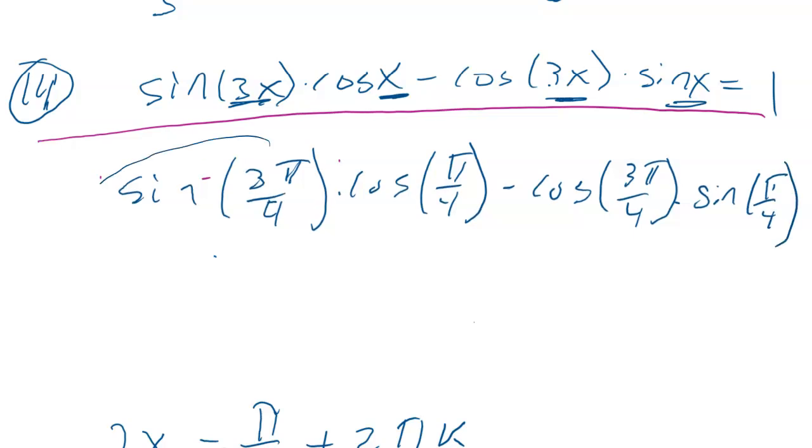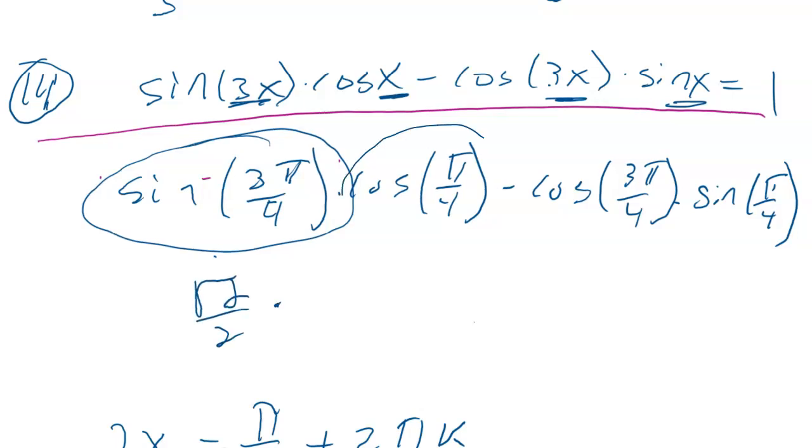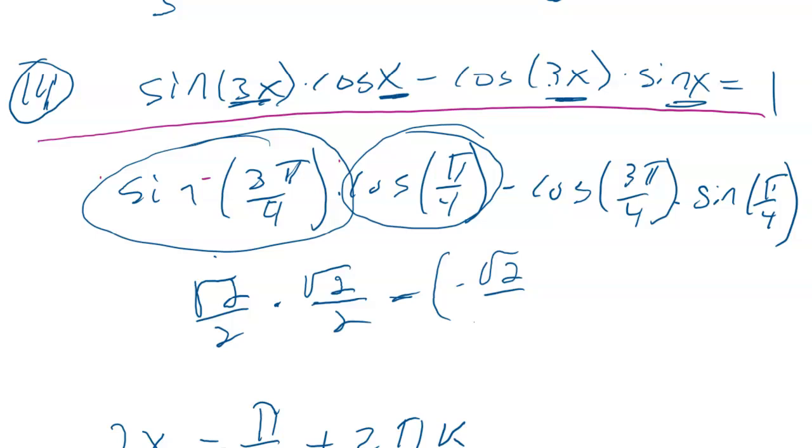All right, and then you do sine of 3 pi over 4. Well, that's in the second quadrant, so that's rad 2 over 2 times cosine of pi over 4. Well, that's just rad 2 over 2, minus cosine of 3 pi over 4. I believe that's going to be a negative rad 2 over 2, times sine of pi over 4. This is a rad 2 over 2.